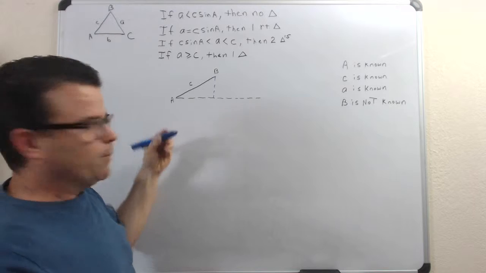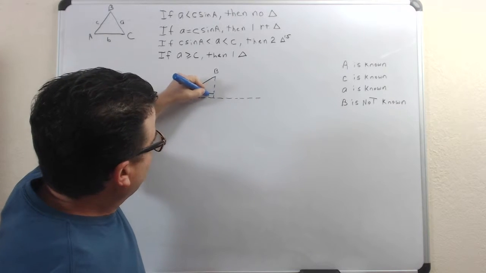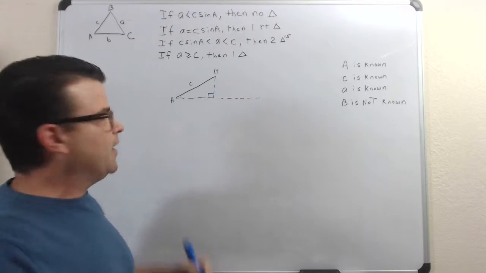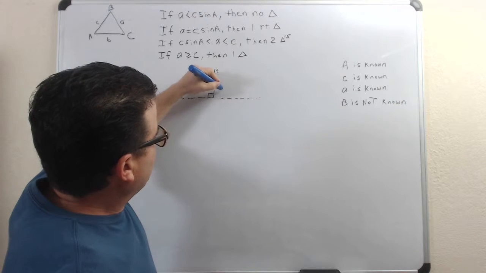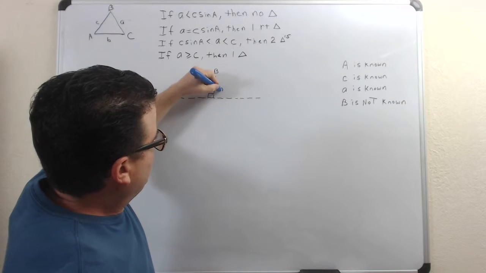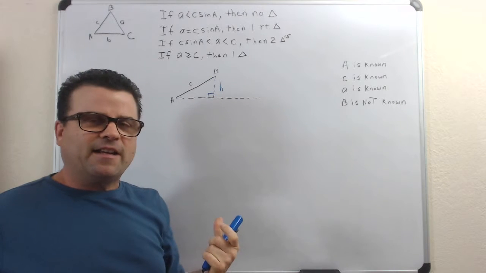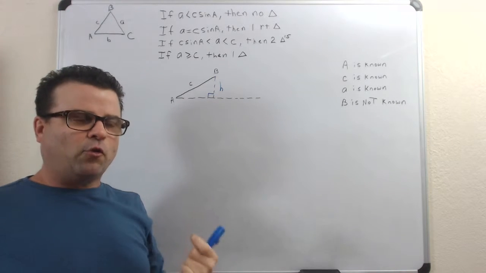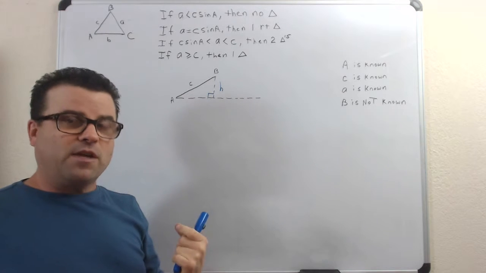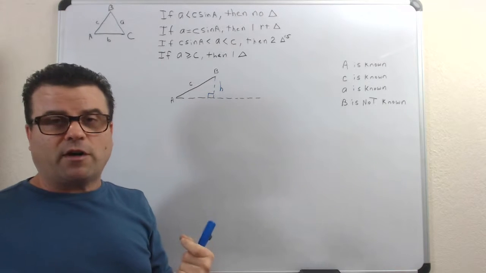And that segment is perpendicular. That now is a right triangle, and I'm going to label that h for height. So if we can figure out what that height has to be, that's the shortest length that a could be in order for there to be a triangle.